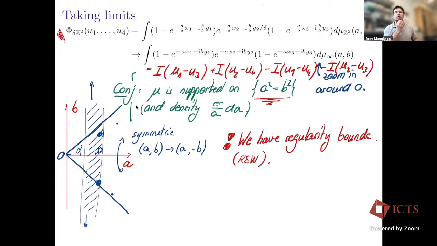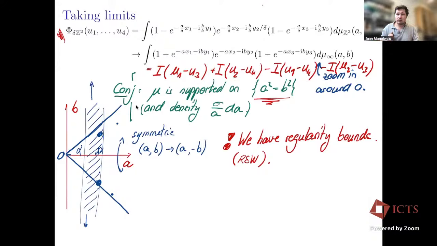You get this immediately out of the transfer matrix representation, and this is coherent. This is what you expect for a GFF. It's not so surprising that it's of this sort.